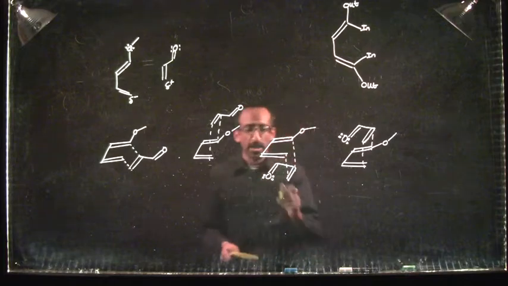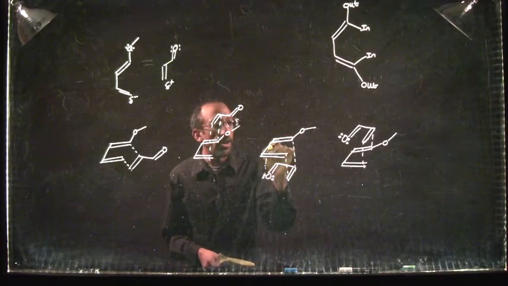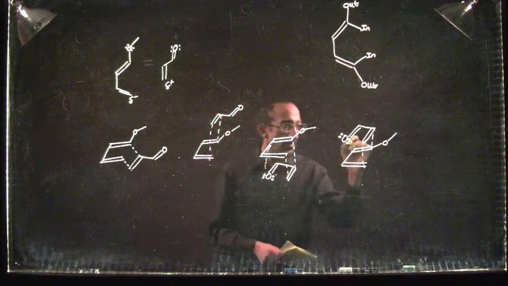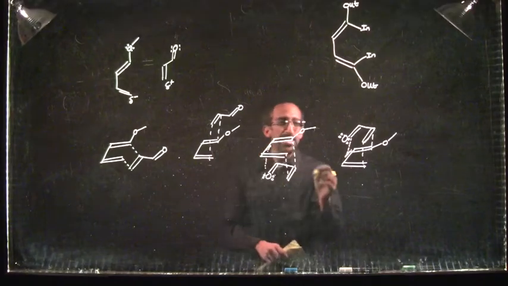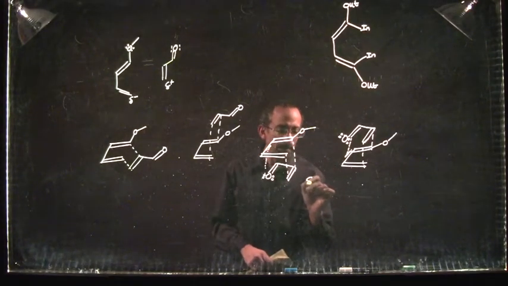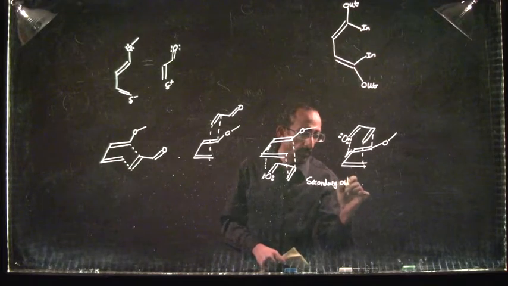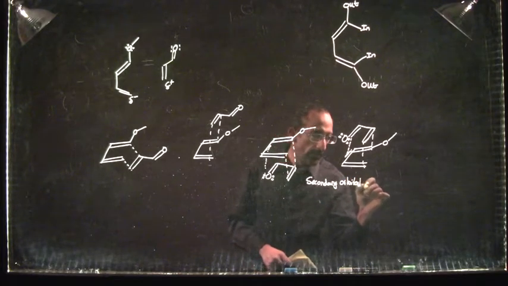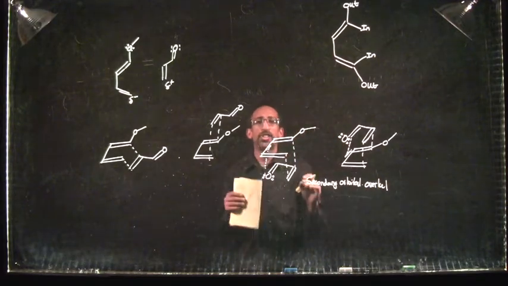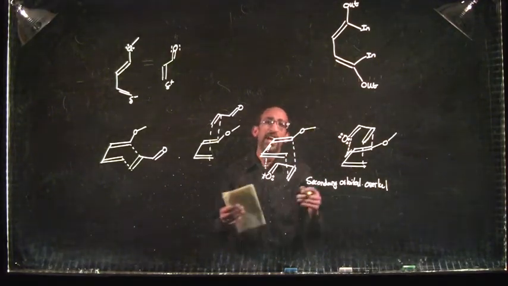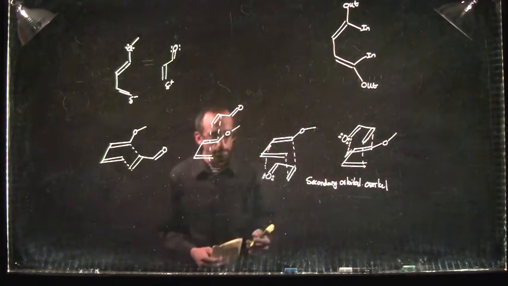And so there's this other attraction, this other interaction going on, right? And this is called a secondary orbital overlap. That helps to stabilize the transition state and further helps for that new pi bond to ultimately be created.